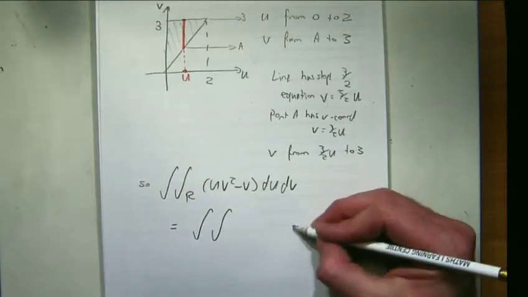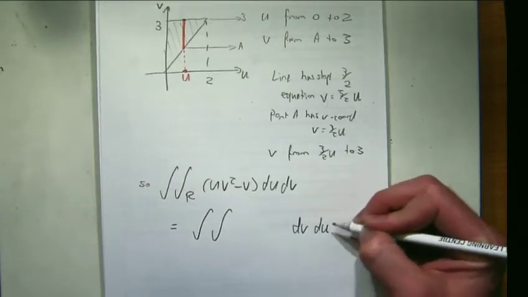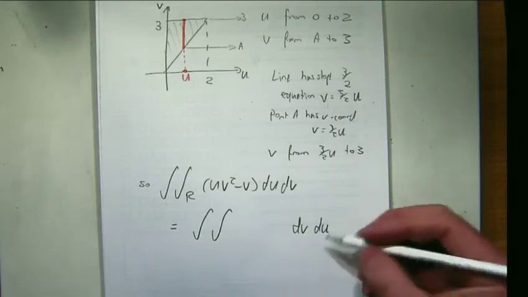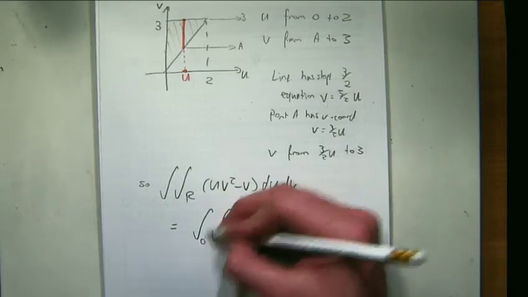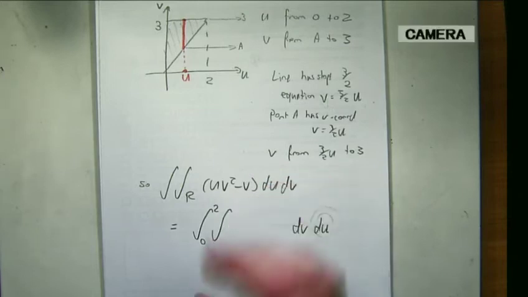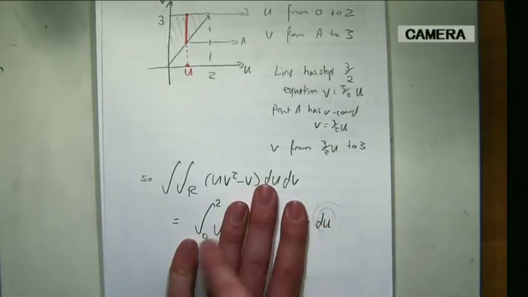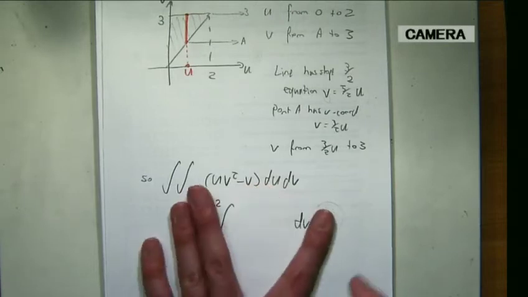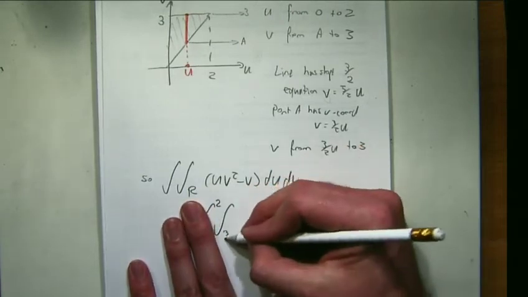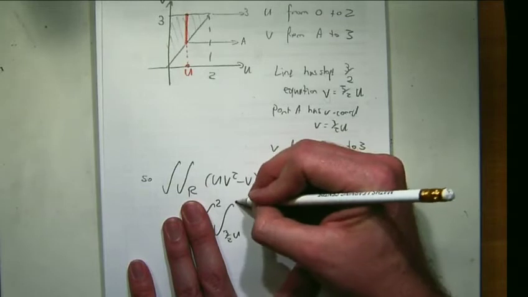So I'm actually going to do dv du here. I've chosen this to be on the outside because it doesn't have any variables in its integral limits. They're just plain numbers from 0 to 2. So the idea is that we choose the u to be from 0 to 2, and once we've chosen the u, we choose the v to be from 3 on 2u up to 3.